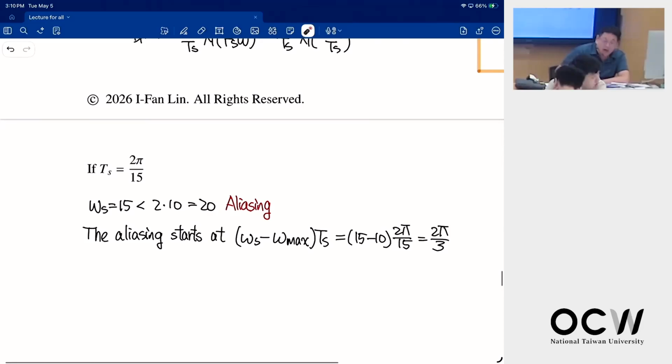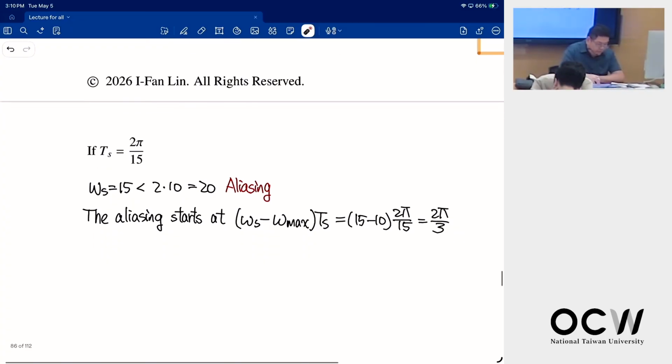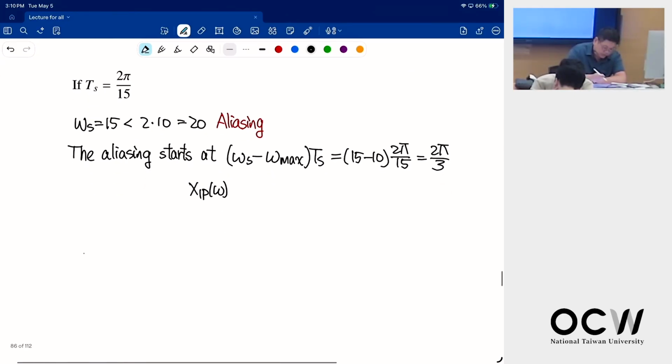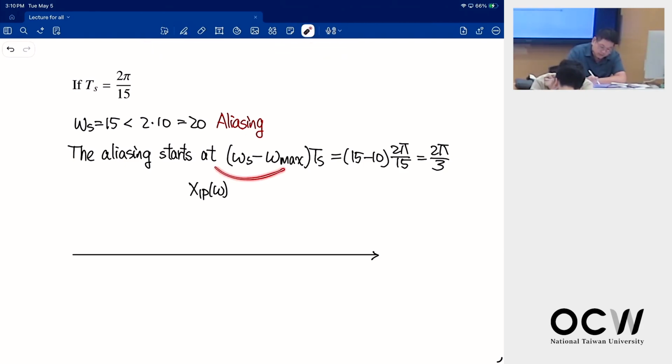Okay, so how do we plot this? First, we can plot that for the continuous time Fourier transform, because later on we times Ts, then you get your DTFT. So don't think about applying the DTFT immediately, okay? Especially for the aliasing issue, sometimes it's hard to imagine. So first, this is still at 1 for continuous time. For continuous time, we find out it starts at 5.